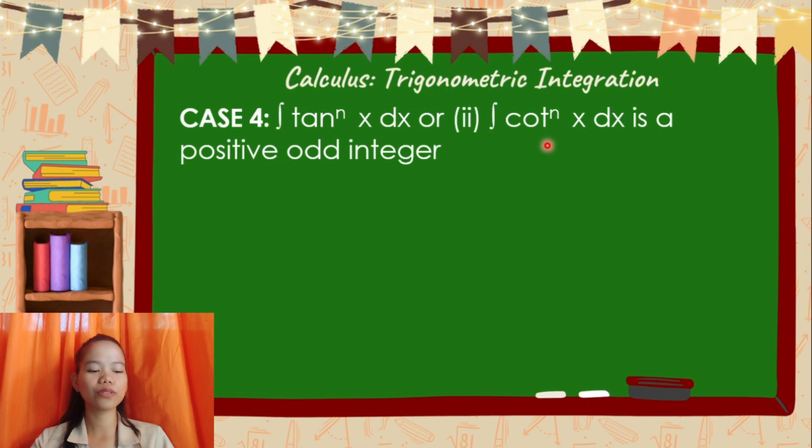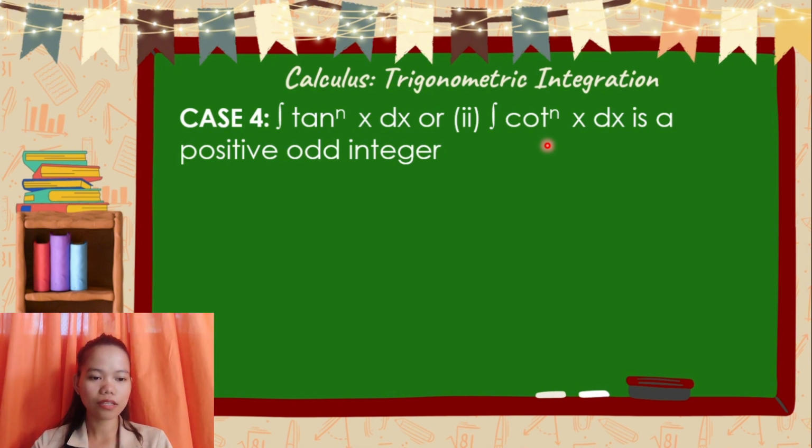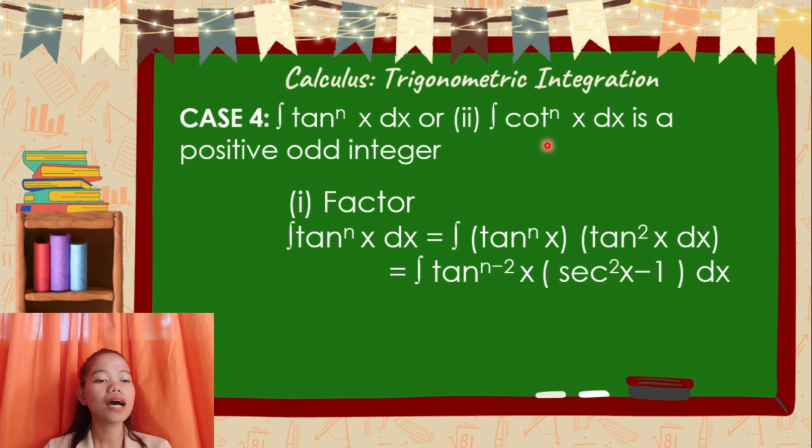What we're going to apply here now is the trigonometric identity of tan squared of x, which is secant squared of x minus 1.